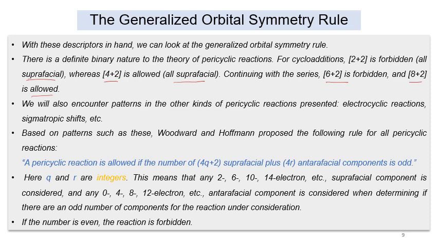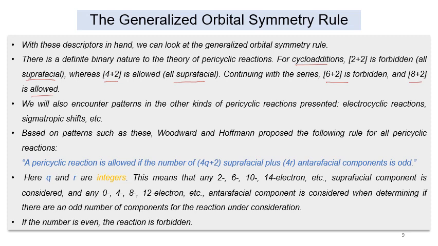We will also see this kind of description and similar patterns when we see the electrocyclization reactions and sigmatropic shifts. At this moment, we are seeing these descriptors for cycloadditions.